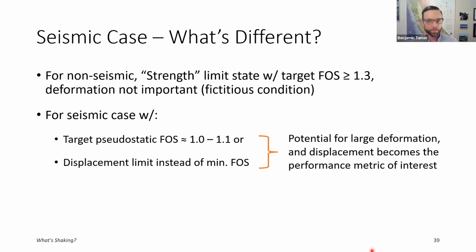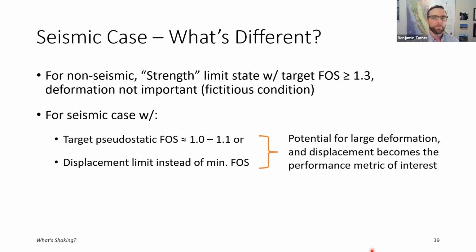What I mean by that is when you analyze a slope and say the factor of safety is 1.4, we don't also say that the displacement that goes along with that is 2 inches or whatever, for a couple reasons. One, we don't directly consider it in our analysis, particularly for the geomaterials. Like I said before, we just assign the shear strength without direct consideration of how much displacement it takes to get to that.